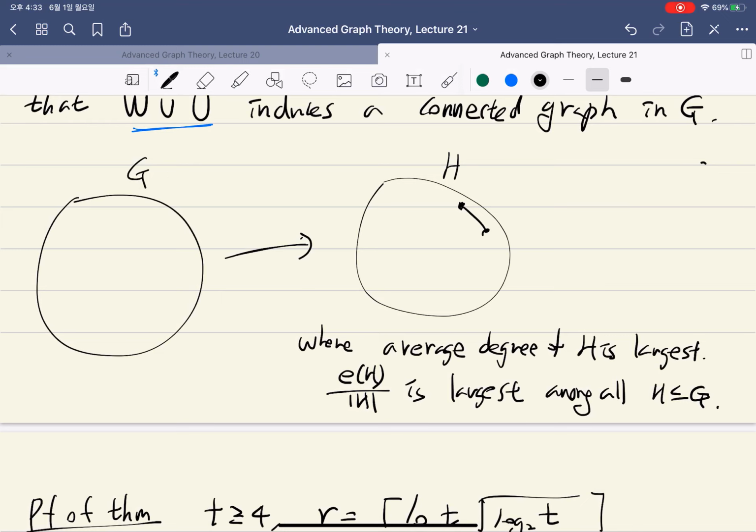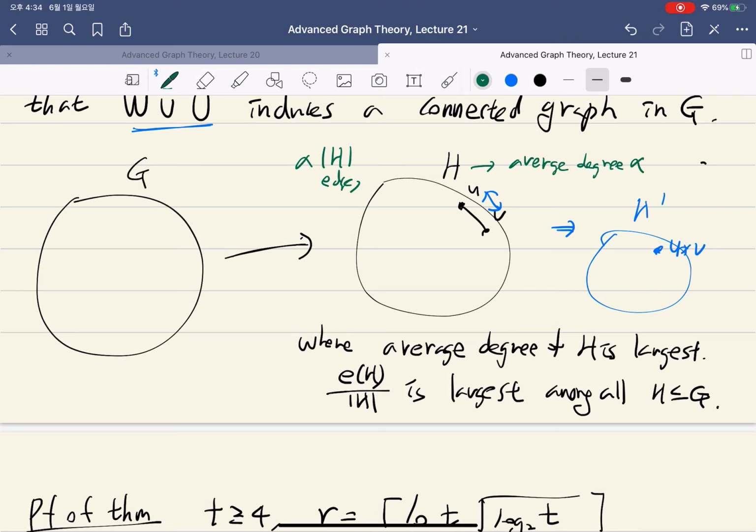Then if you take an edge uv in H and contract it, you get another graph H' where u and v together form one vertex. If the previous one has average degree, let's not use r, let's use alpha, so alpha times |H| edges, and here you suddenly have less than alpha times (|H| minus 1) edges.